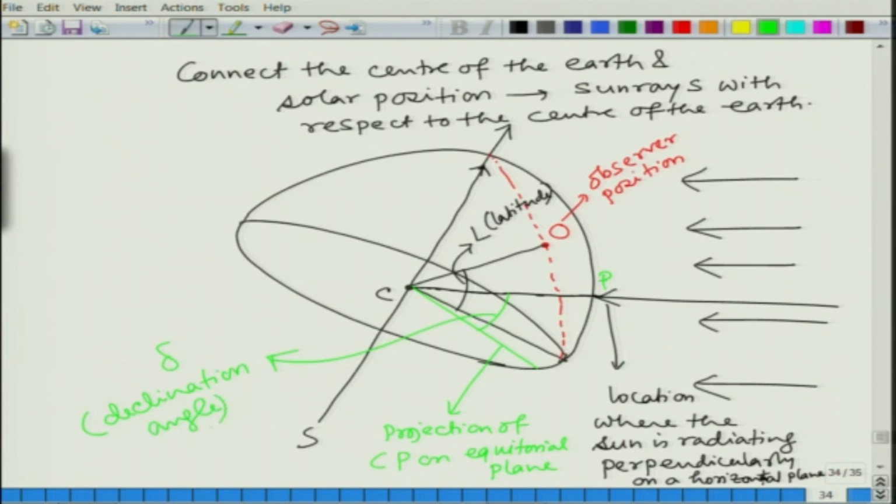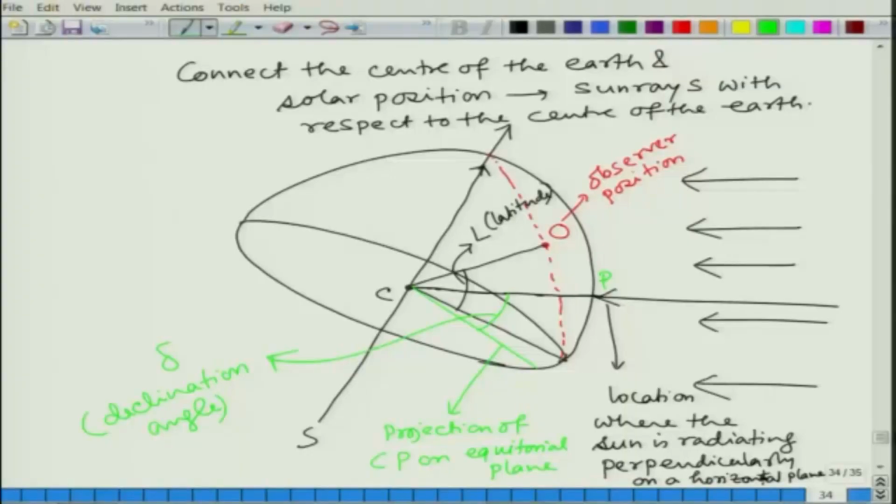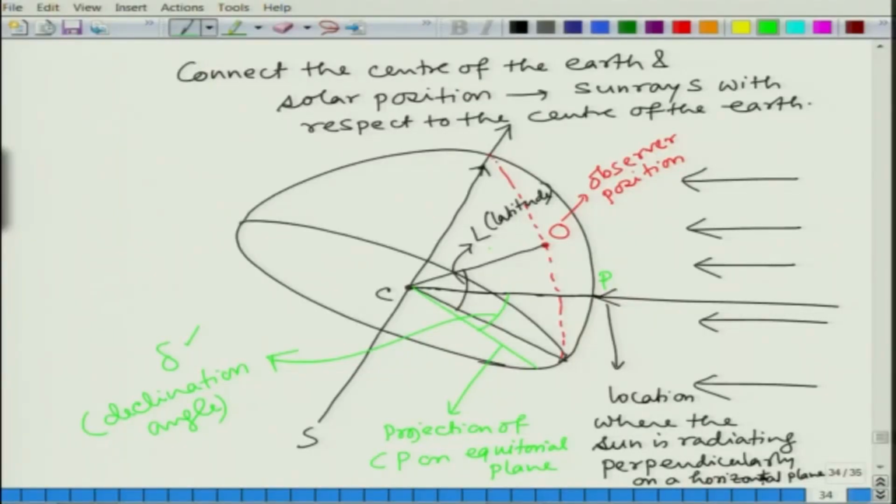So remember what you are doing: you are projecting the line which is coming perpendicular to the surface of the earth onto the equatorial plane. This CP line is projected on the equatorial plane, and the angle that particular line is making with the equatorial plane is your declination angle. And from the observer, whatever angle it is making with the equatorial plane, that is your latitude.